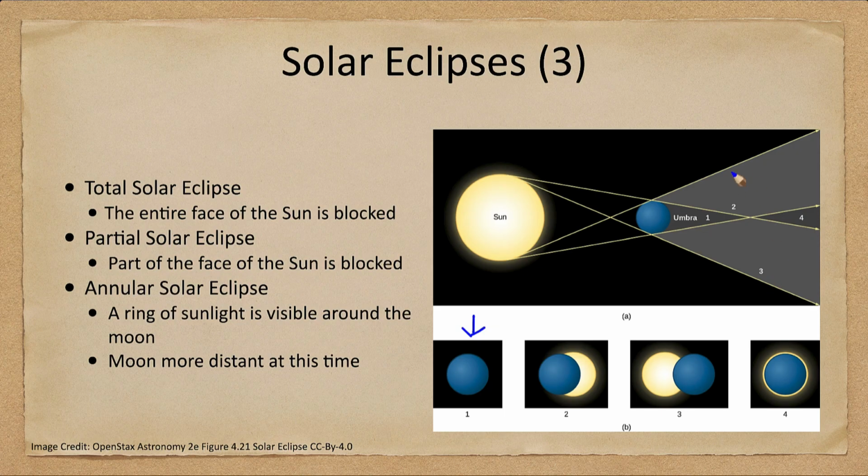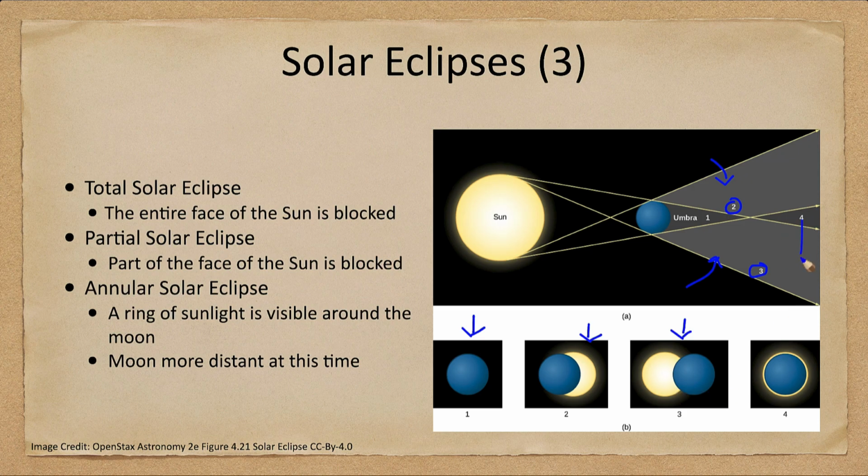If you're in part 2 or part 3, you would see part of the sun blocked. So that would be something like this, where only a portion of the sun is blocked. 2 being a little bit closer to the umbra, you have a larger percentage blocked as compared to 3, closer to the edge of the shadow, where only a small amount is blocked.